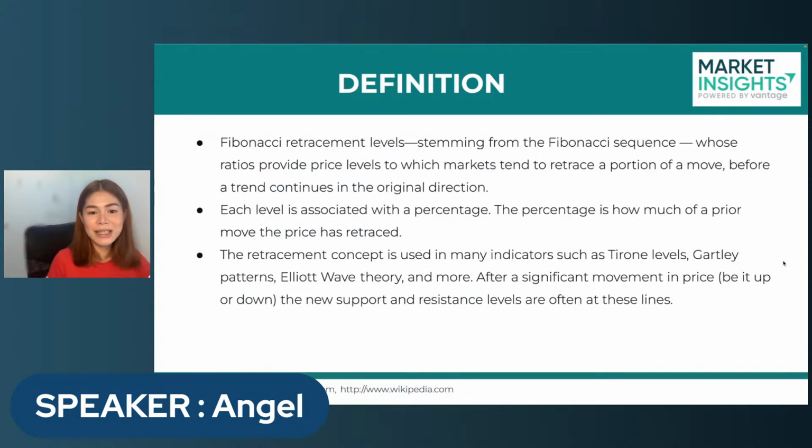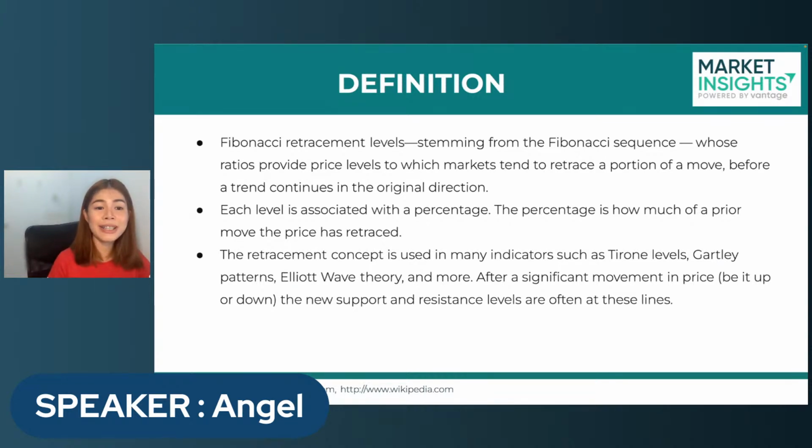So Fibonacci retracements or levels stem from the Fibonacci sequence. This is actually a mathematical formula whose ratios provide price levels to which markets tend to retrace a portion of a move before a trend continues in the original direction.